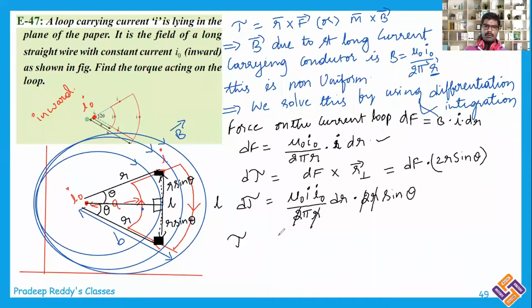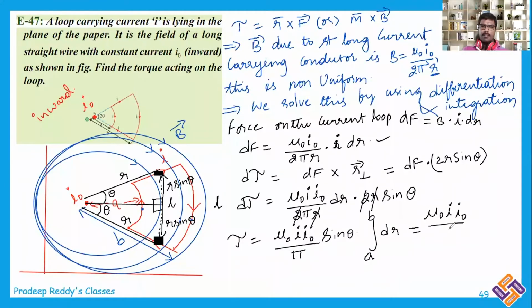Tau is equal to mu naught, which is constant, I naught constant, divided by pi, constant, and the leftover is sine theta, which is also constant, integration of dr. For this dr, the limits will be a to b. This will be equal to mu naught I I naught divided by pi sine theta into the integration of dr, which is r, upper limit b minus lower limit a. This is the final torque acting on the current carrying conductor.